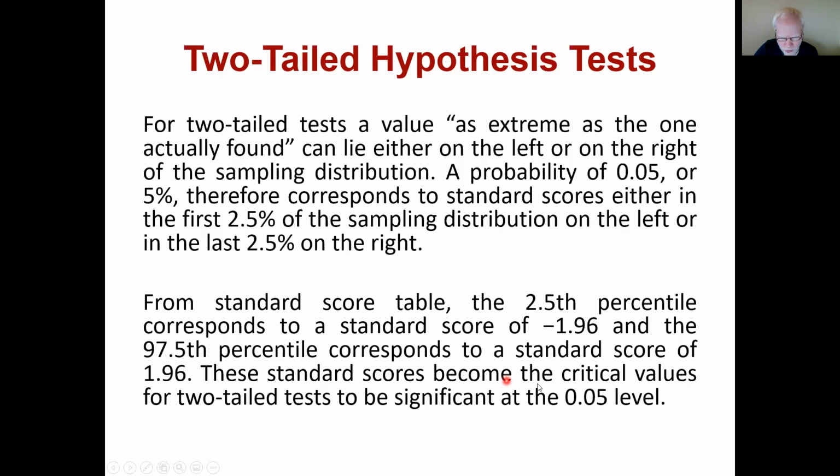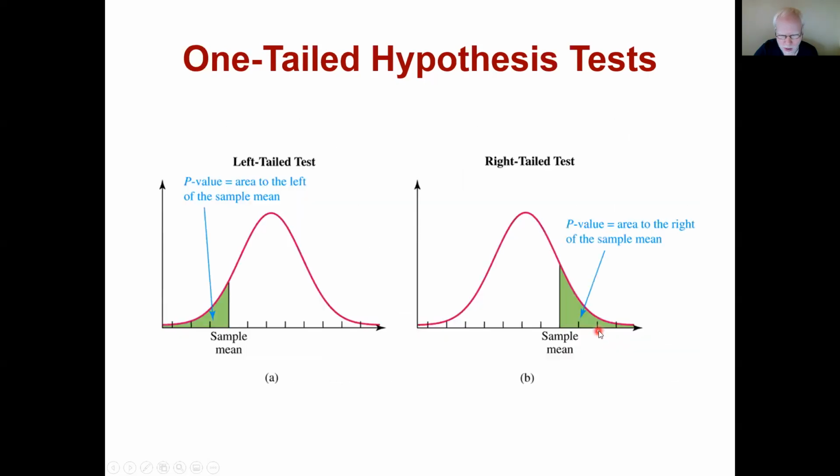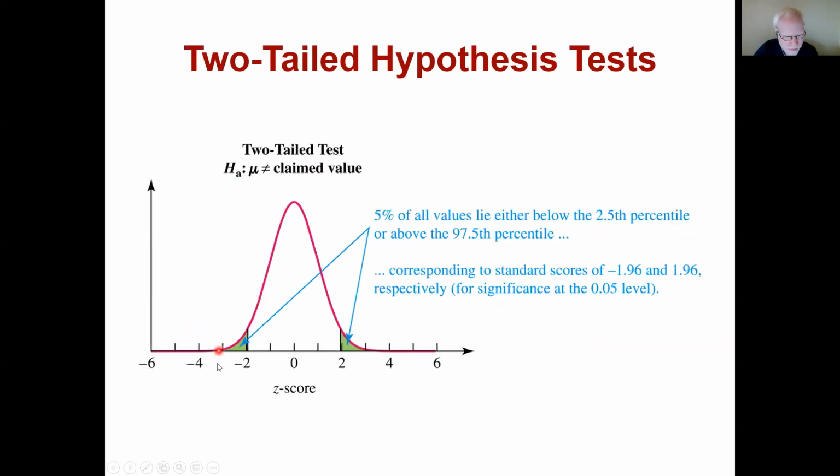So these standard scores become the critical values for two-tailed tests to be significant at the 0.05 level. So these are also important to remember. Remember, they're also very close to 2. And we saw the 1.96 last time. So here, in a two-tailed test, if you find your sample mean out here or out here, then you can reject the null hypothesis.